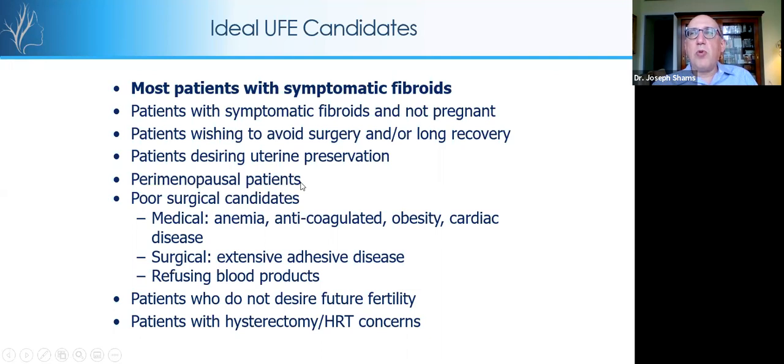In general, after menopause, fibroids tend to shrink on their own because the blood supply gets less and the hormones change. So perimenopausal patients are excellent patients for fibroid embolization. Patients who are poor surgical candidates, if they have anemia, if they're anticoagulated and so on, if there's a problem with them undergoing surgery, then clearly the fibroid embolization procedure is a great procedure.